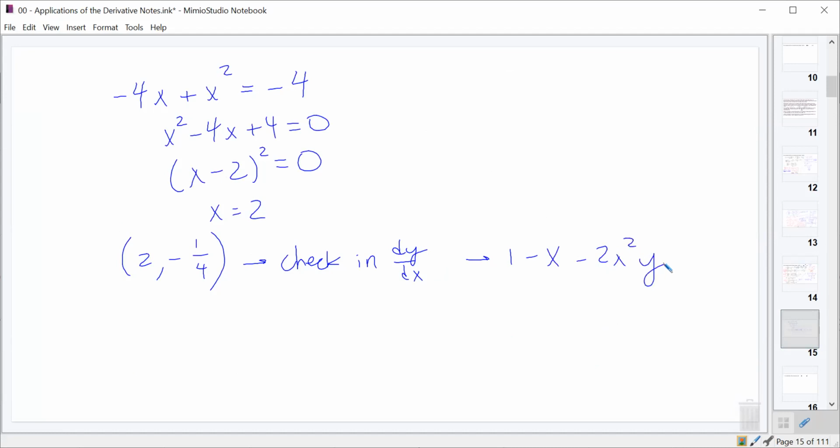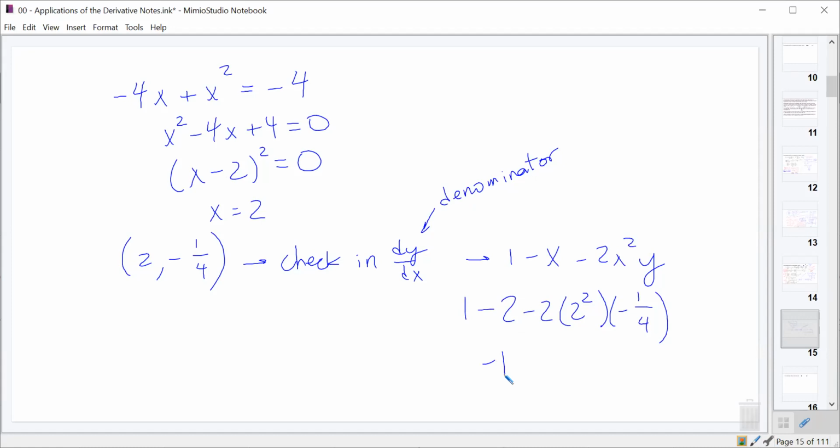And so we'll plug in to make sure that that does not come out to be 0. 1 minus, and then x is 2, and then 2 times 2 squared, and -1/4. So again, we're checking this in the denominator of dy dx. And 1 minus 2 is -1. Negative times a negative, positive.